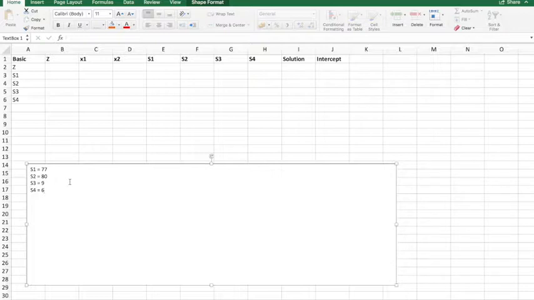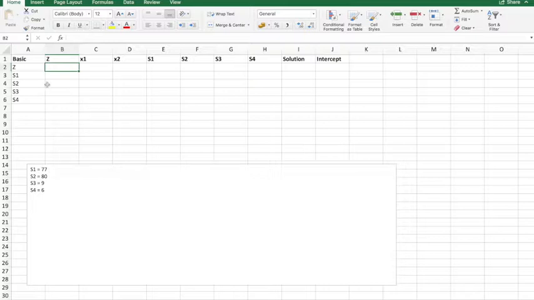Okay, so we have our slack variables, and we can now begin to move through our solution using a tabular format. Okay, so I'm going to write this in my table here.